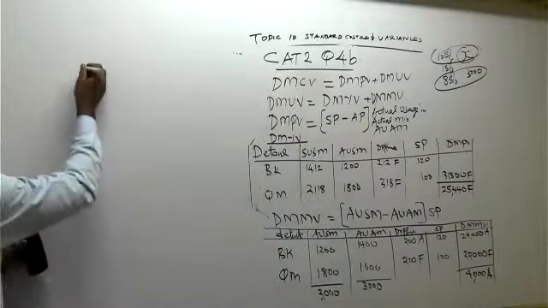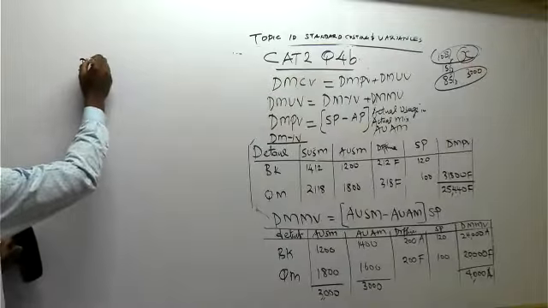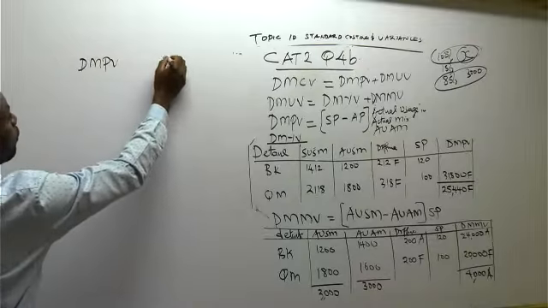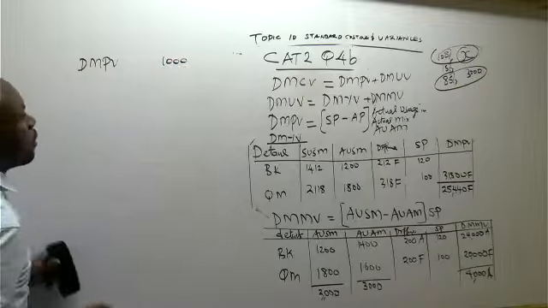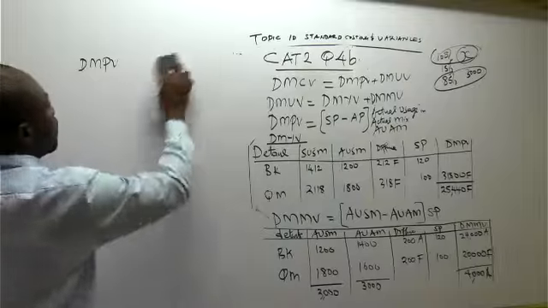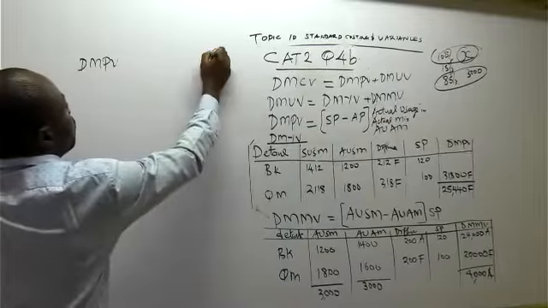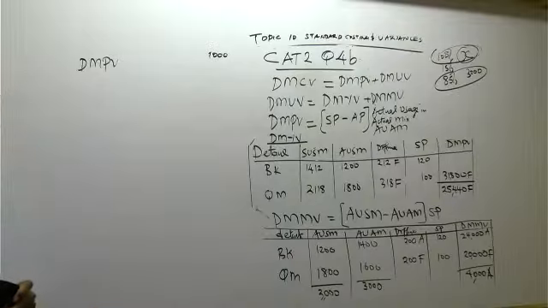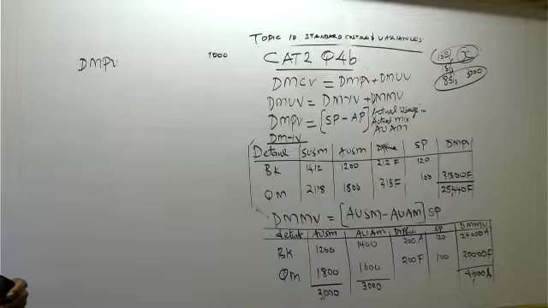Now, give us direct material price variance. Tulipata ngapi? Was it 1,000 favorable or adverse? Yes, give me that. Direct material price variance.